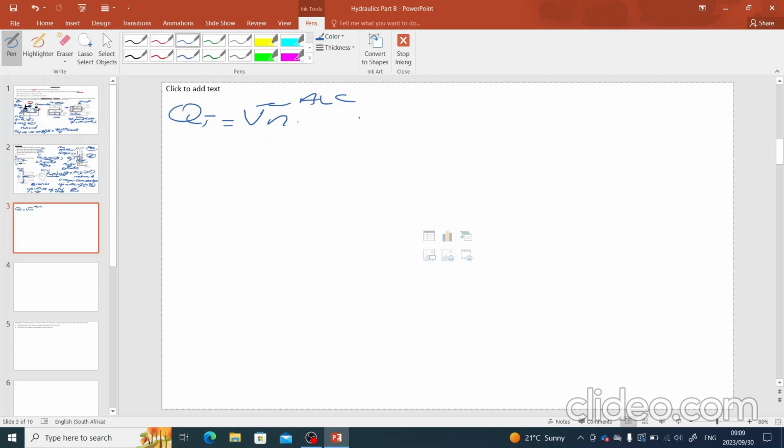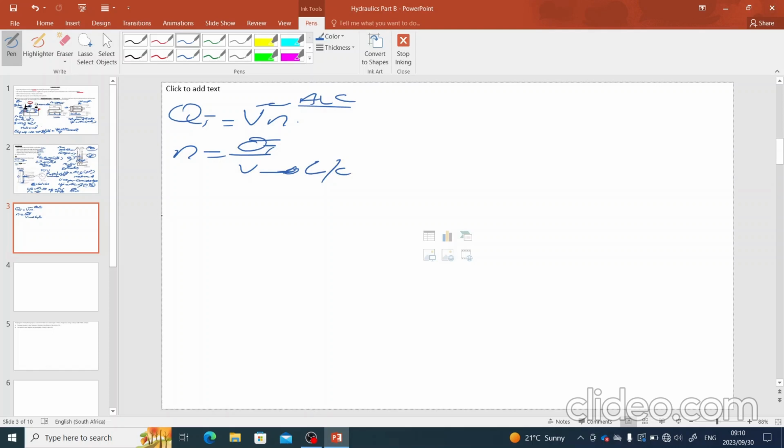Then you make N the subject of the formula: N equals QT over V. Then you get your number of turns. This would be the volume displaced per stroke or per cylinder. It will depend on the given data. What are you given?